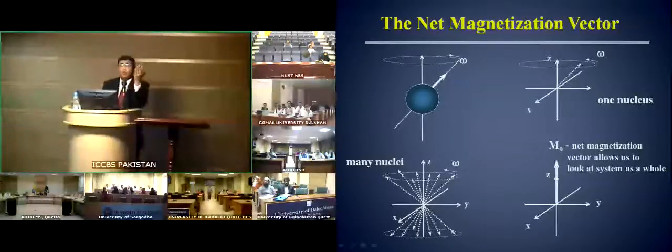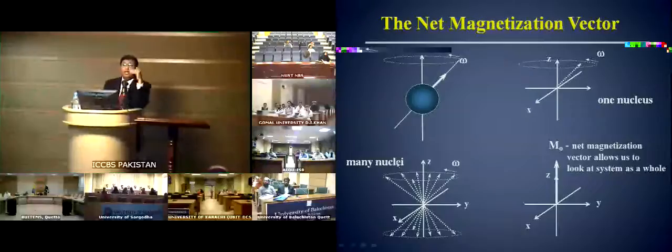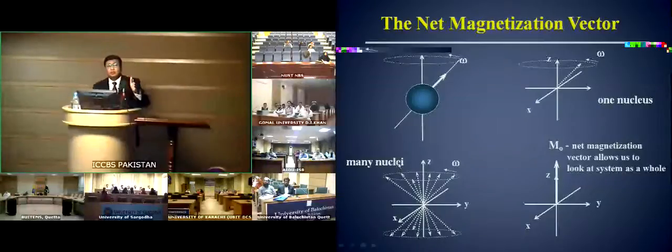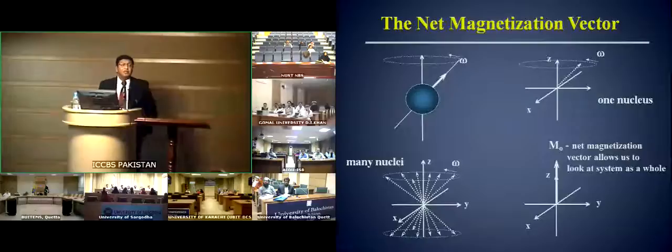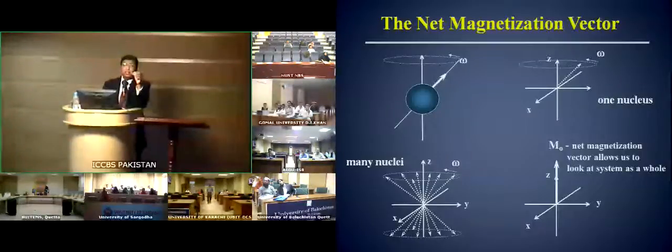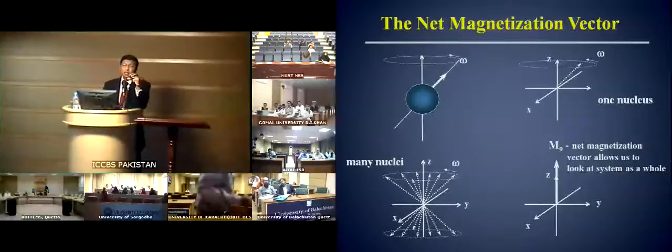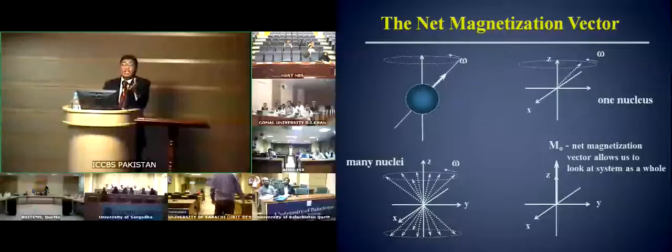There was an old concept long before the advent of NMR spectroscopy, and that concept was called Boltzmann excess. Boltzmann is the name of the person who first discovered that the world is stable because there is a certain number of species in the lower energy state, which are in excess.